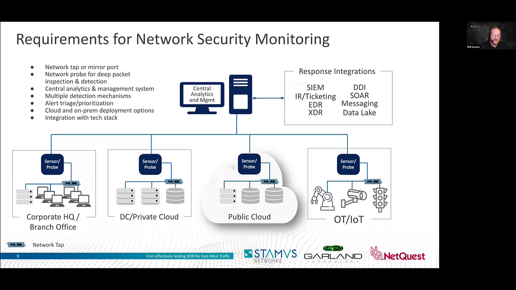You're also going to be looking for something that can handle multiple detection mechanisms, not just AI, but also rules and signatures, stateful logic, any different ways of being able to do detection across all of this network traffic that's coming in.